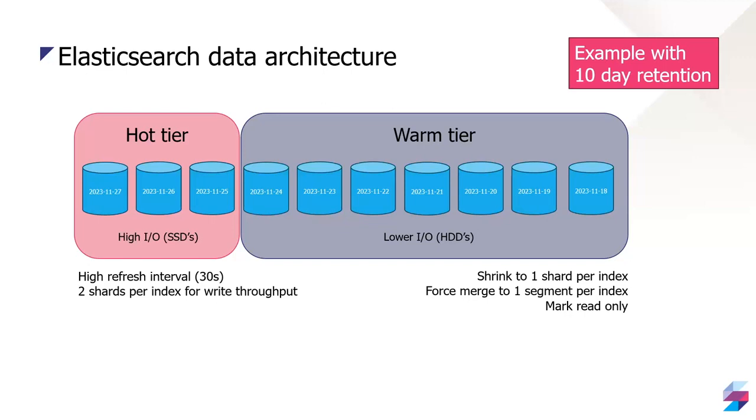That's basically it, and then I've done my retention. I don't need to scan for cleaning up, I can just delete the index. So that is also the methodology we're using for our audit trail, because that's a very easy way to keep retention at a fixed interval.